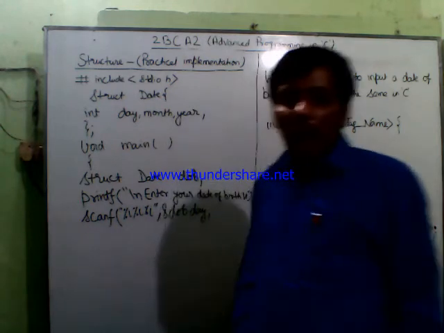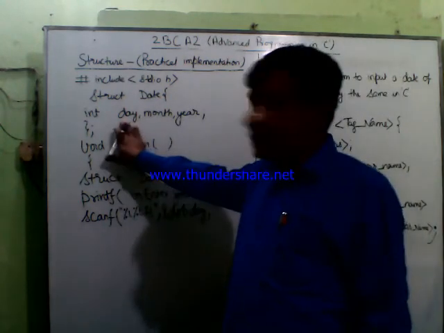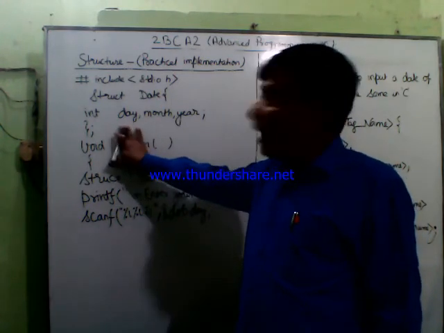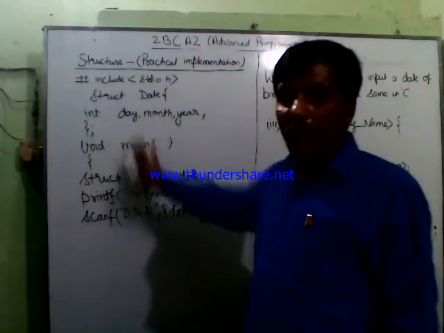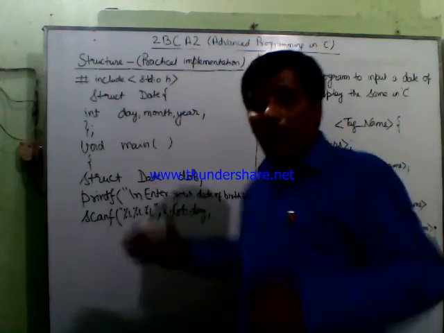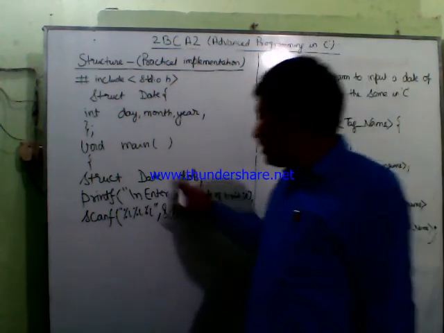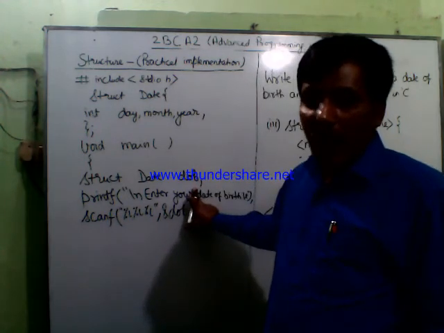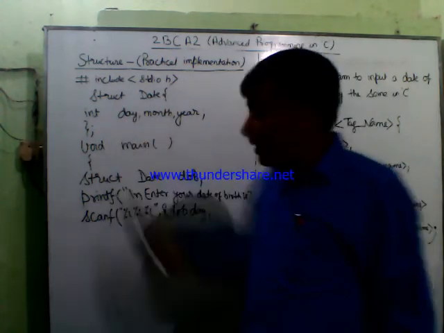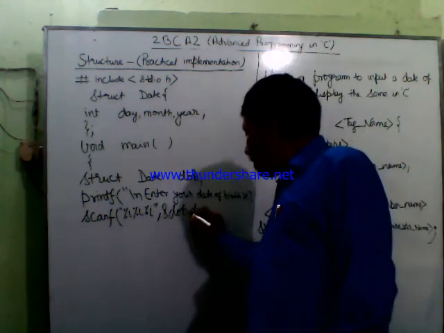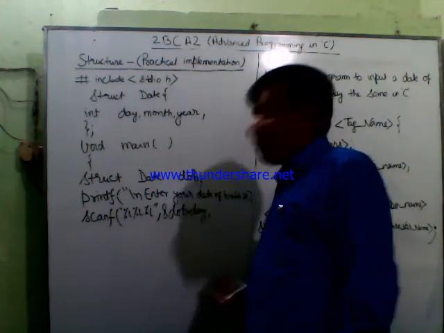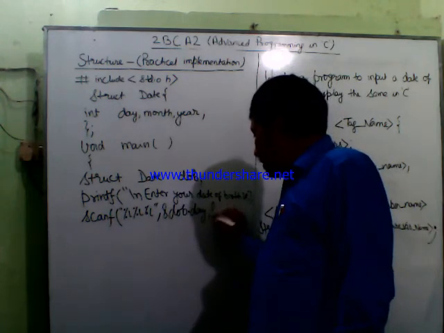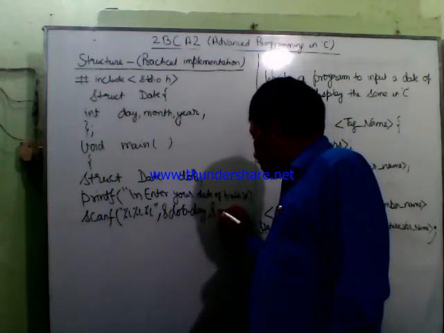First input value will be stored in this memory, but this memory has been hidden inside the memory that has been named here DOB. Hence, I have to refer to this memory by writing DOB dot day.